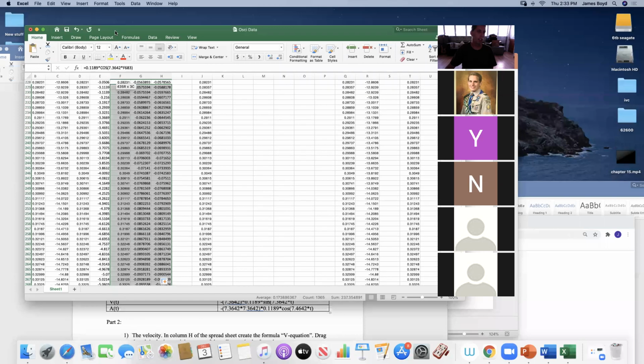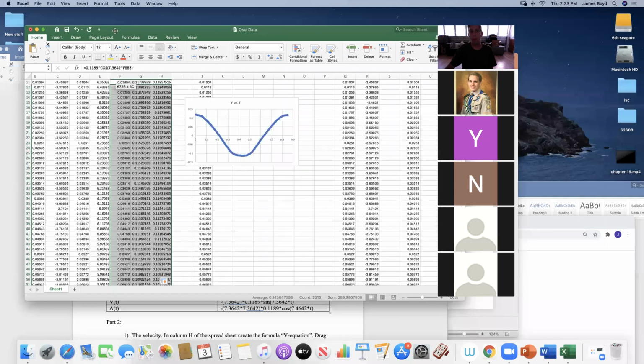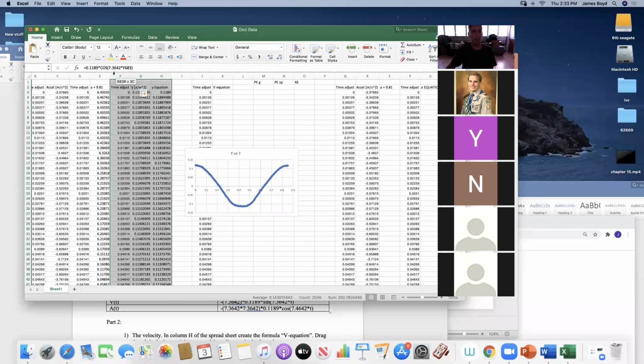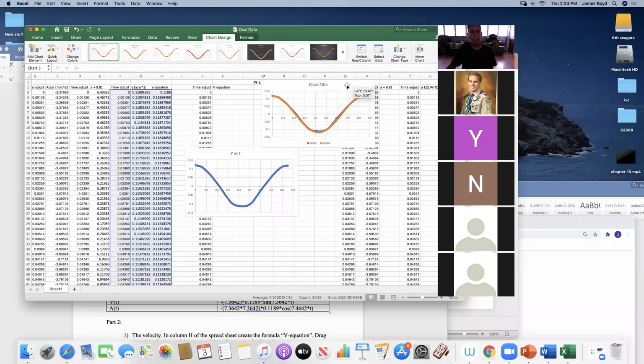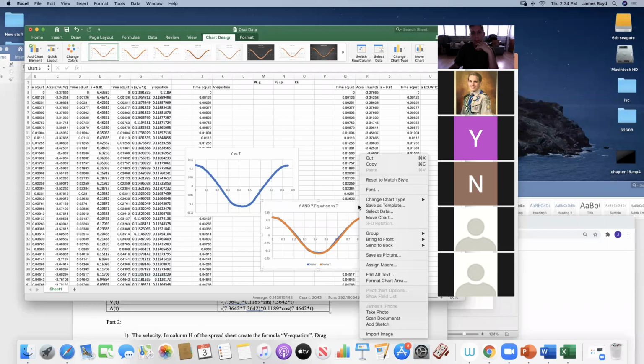When we graph it, it's going to graph both of them against t. So insert a new graph. And now what this actually is, this is y and y equation versus time.